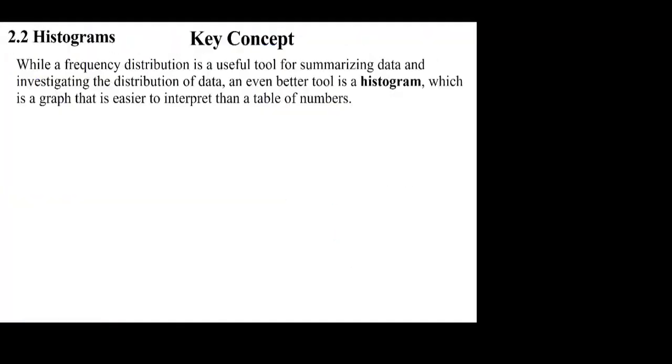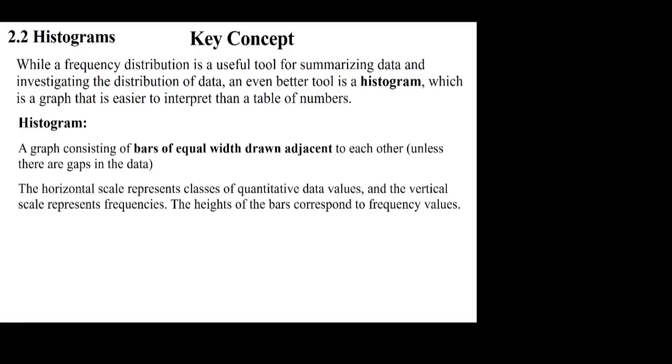All right. What we are going to do in this section is look at the histogram. While a frequency distribution is a useful tool for summarizing data and investigating the distribution of data, another tool would be the histogram, which is a graph that is easier to understand and follow. A graph consisting of bars of equal width drawn adjacent to one another.